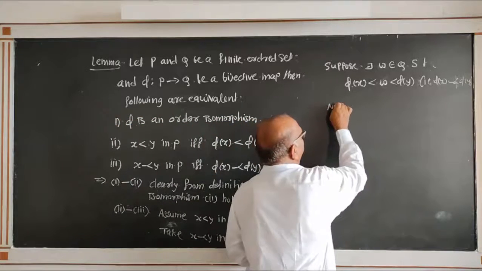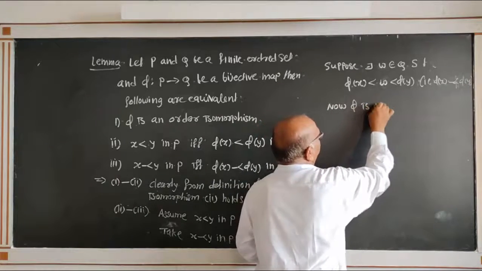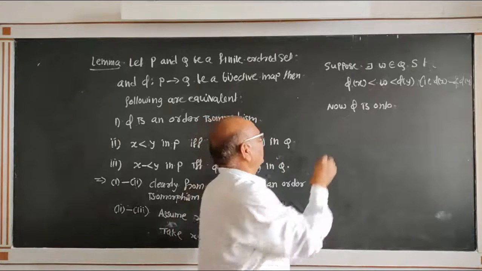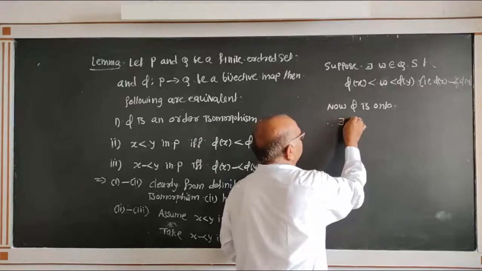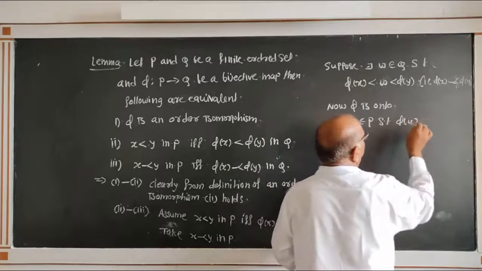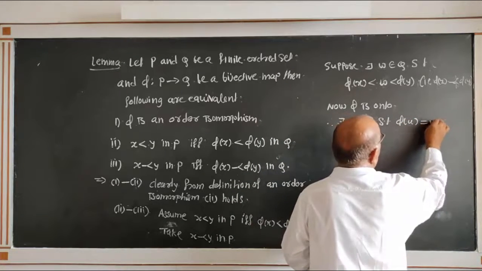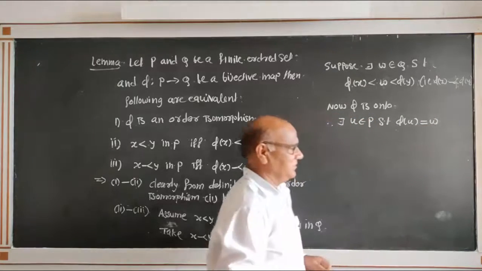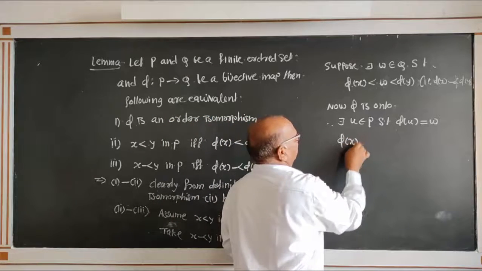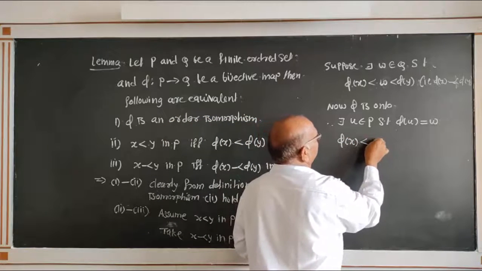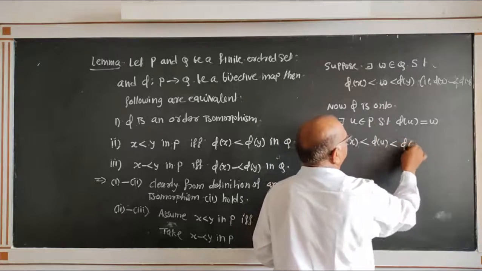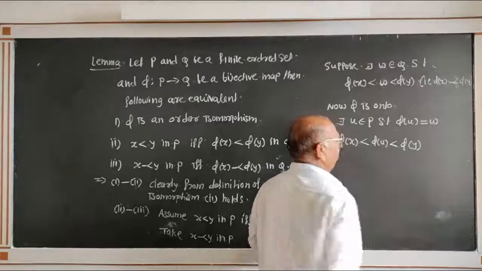Now phi is onto, therefore there exists u belonging to P such that phi(u) equals w. So phi(x) < phi(u) < phi(y).